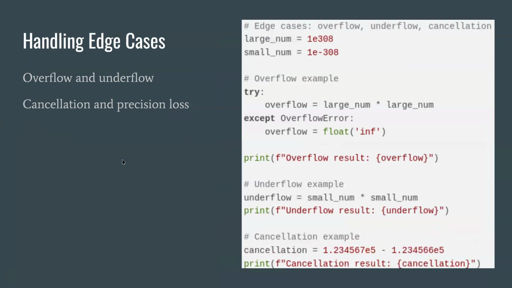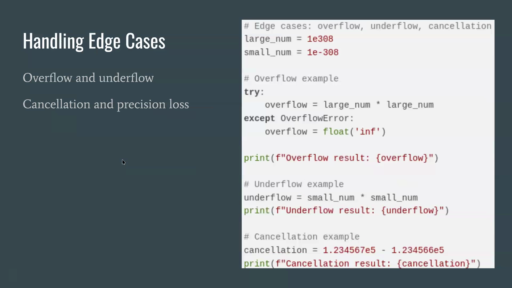Handling edge cases. Edge cases such as overflow, underflow, and cancellation can significantly impact the accuracy and reliability of computations. Overflow occurs when a result exceeds the largest representable number, leading to infinity.